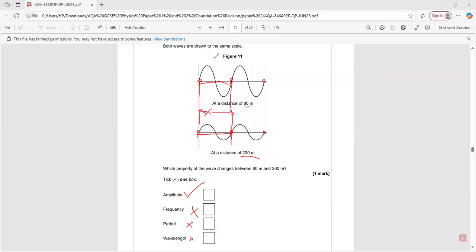The only one that is different is amplitude, because amplitude is the distance between here and here. Did you get that? Yes. If you look carefully, the amplitude of this one is higher than the amplitude of this one.